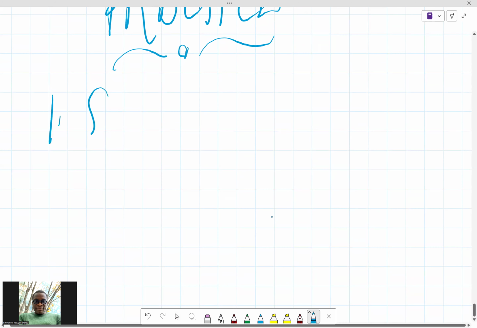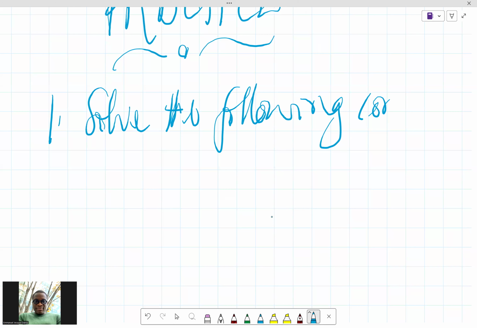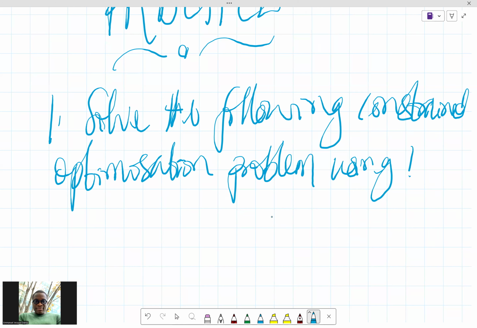The first one is to solve the following constrained optimization problem using the KKT conditions.